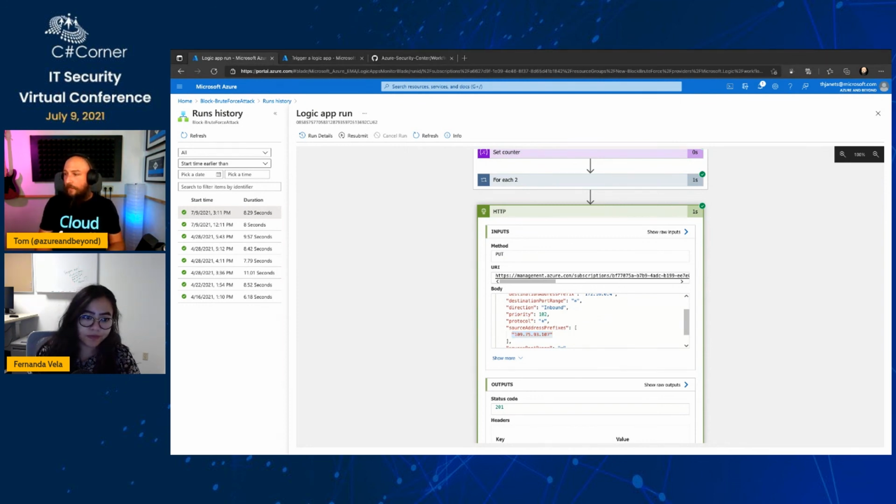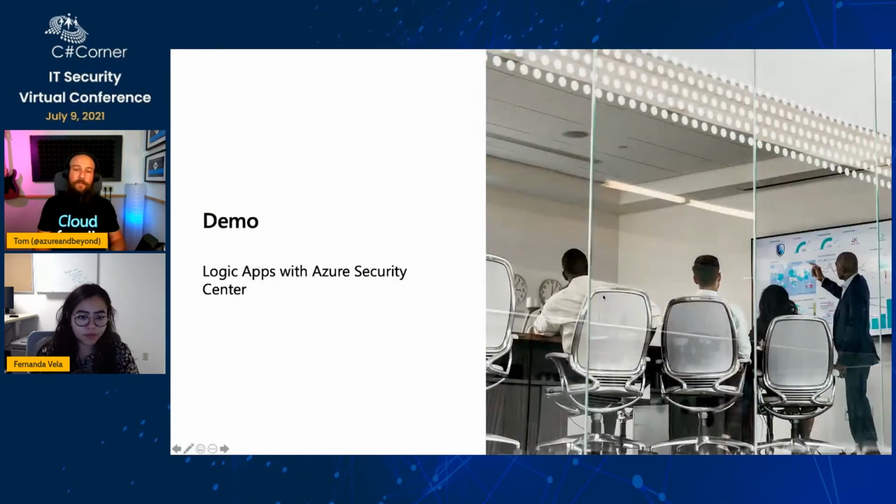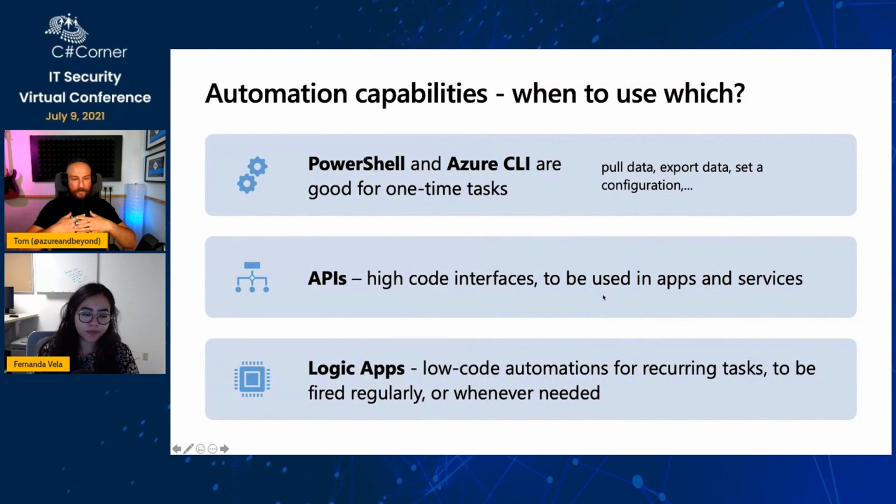Now, if we take another look at the automation capabilities that we have been covering, then we have PowerShell and Azure CLI. We have our APIs. We have logic apps. And now, what is the idea of all the automation, and when do I use what?